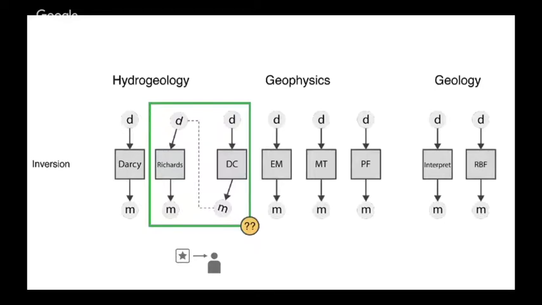I want to jump into the combination of Richards' equation and direct current resistivity. This is in the context of vadose zone flow and a geophysical method, bringing in the context that I was talking about before.